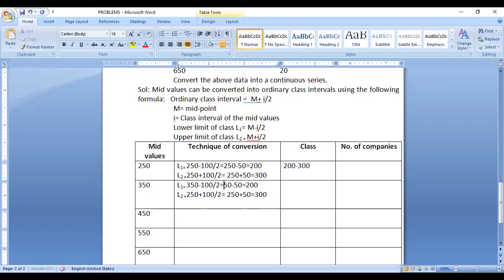That is 350 minus 50, so it will be 300. Now L2 is equal to 350 plus 100 by 2, that is 350 plus 50. That will be 400. So the class will be 300 to 400. See, L1 for this one is midpoint minus the difference between two consecutive mid values, that is 100 by 2. Like this, you can arrive at the original class.